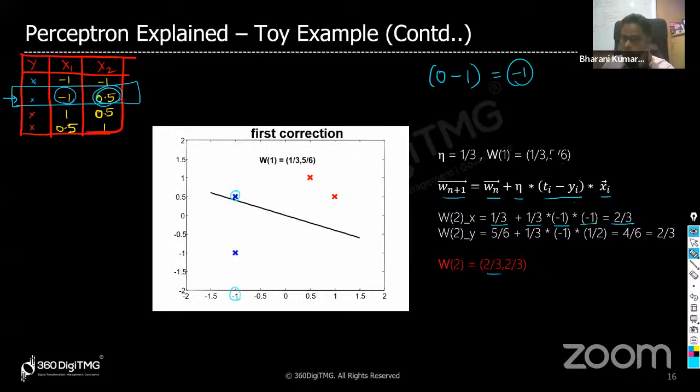To update the next weight, you take the old weight plus eta value is the same into actual value minus predicted value will give you minus 1 into, here you have 0.5, which is 1 by 2. When you solve it, you get 2 by 3.